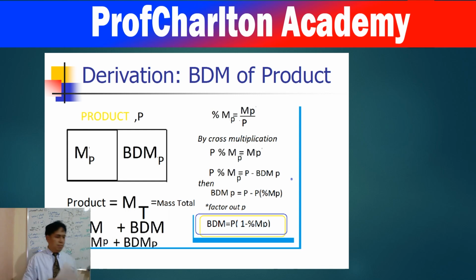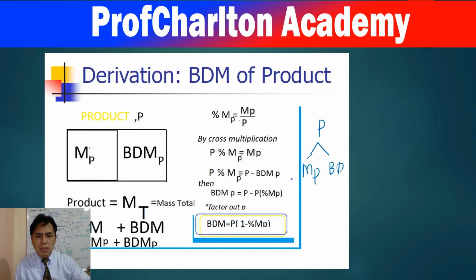Even though we have discussed the feed, let me discuss the product. So the product is like this. Now, if we have a product, it is going to be subdivided into two components, which is the MP, meaning the mass flow rate of the product, and the bone dry mass of the product, right?